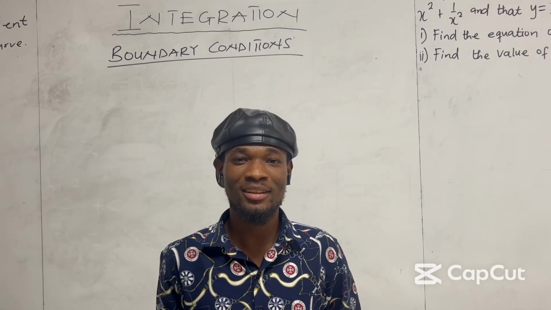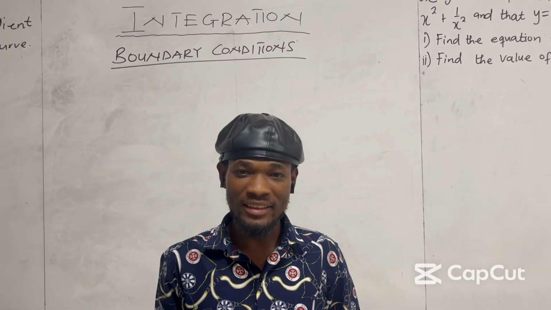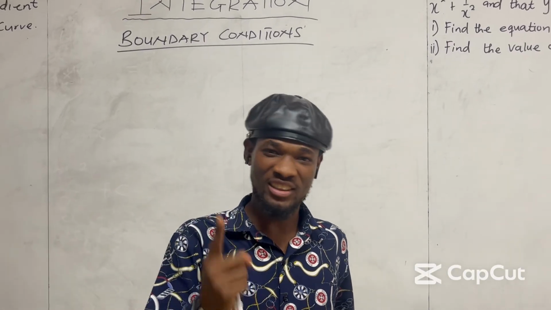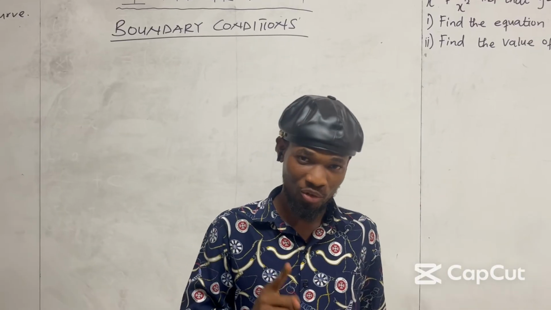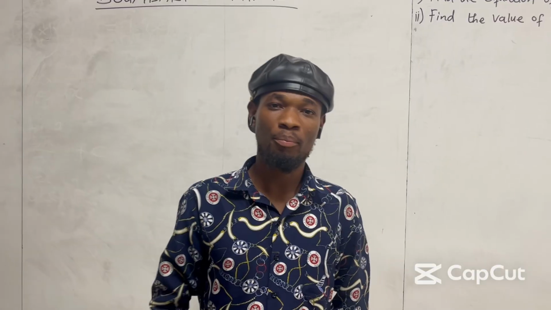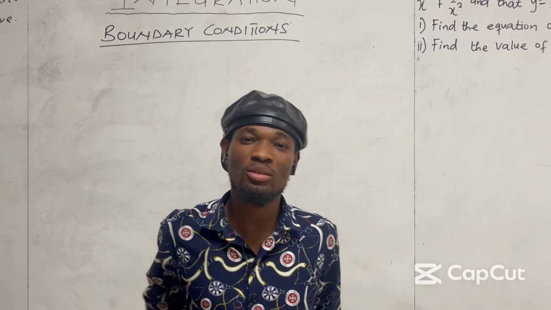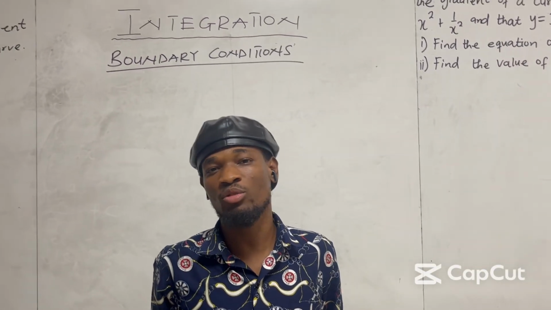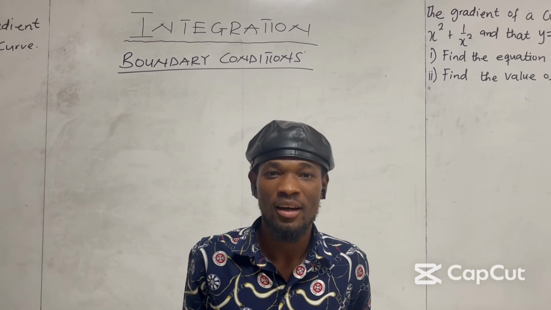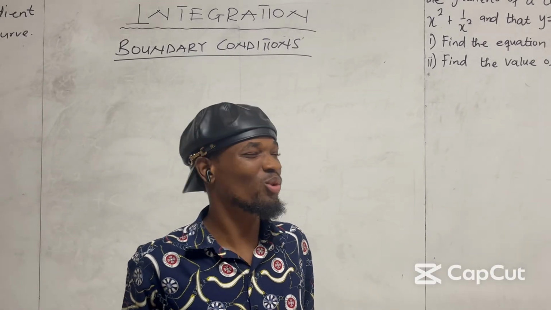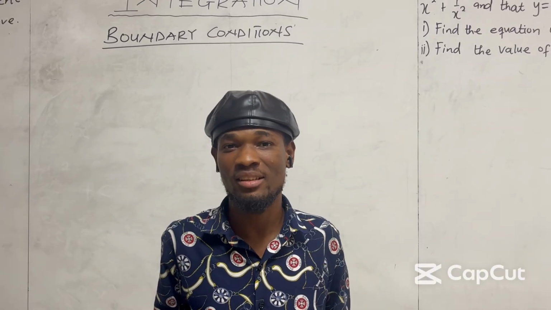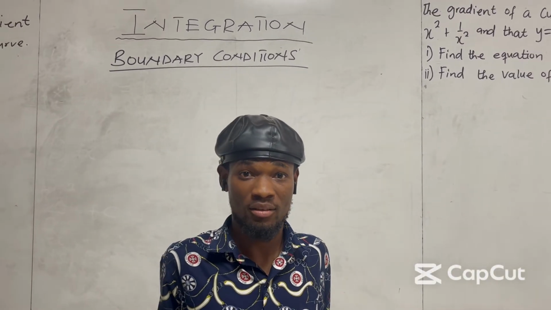We are still treating integration, and this time around we are going to consider boundary conditions. In our previous lecture videos, we solved so many questions under indefinite integrals, and we realized we normally add the constant of integration, that's plus c, and we just leave it that way.